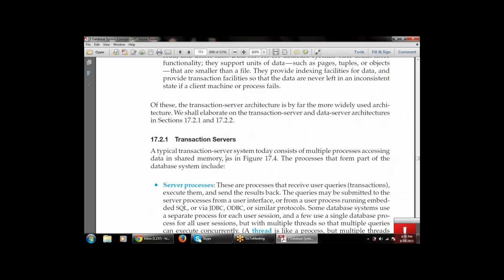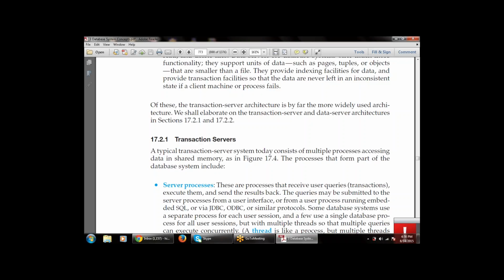A typical transaction server system today consists of multiple processes accessing data in shared memory. So whatever data is available will be available in the shared memory. The processes that form part of the database system include server processes, that is, the transaction server.